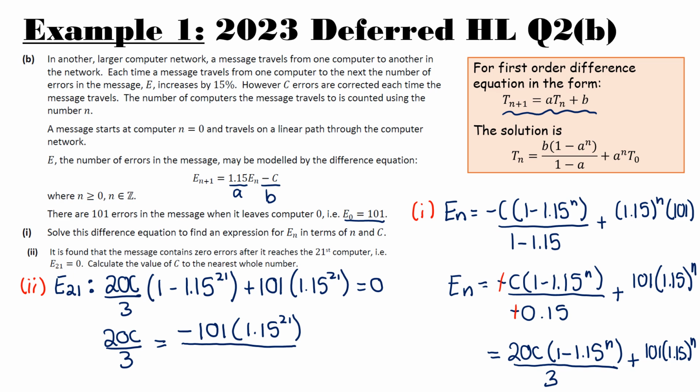So then after we bring that over, this part comes over. Because that's effectively multiplied by the 20c over 3, when we bring it across, we're going to divide. So 1 minus 1.15 to the power of 21.